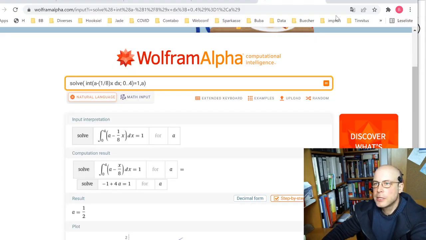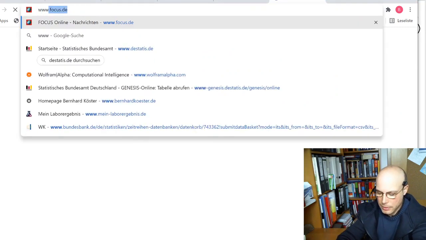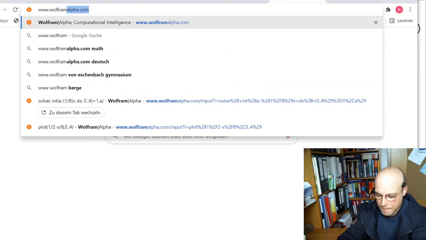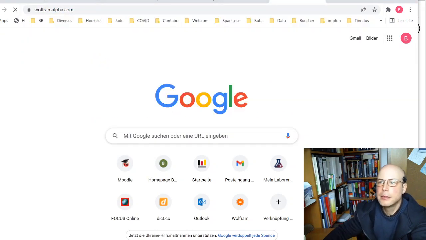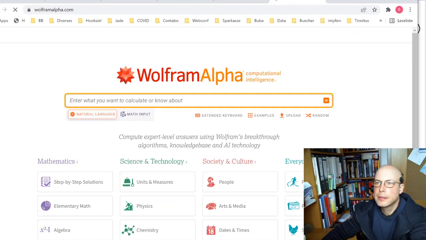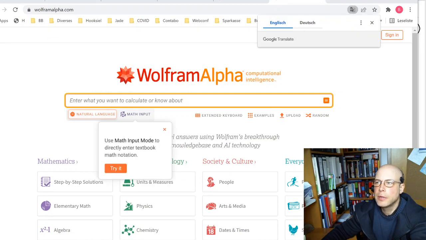You just can switch to this web page, Wolfram Alpha, and I would recommend that you just try it because this is really a helpful tool if you are doing some mathematical calculations.